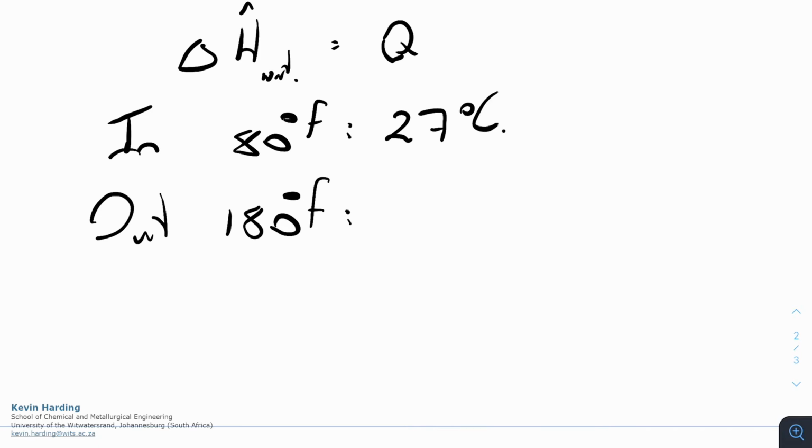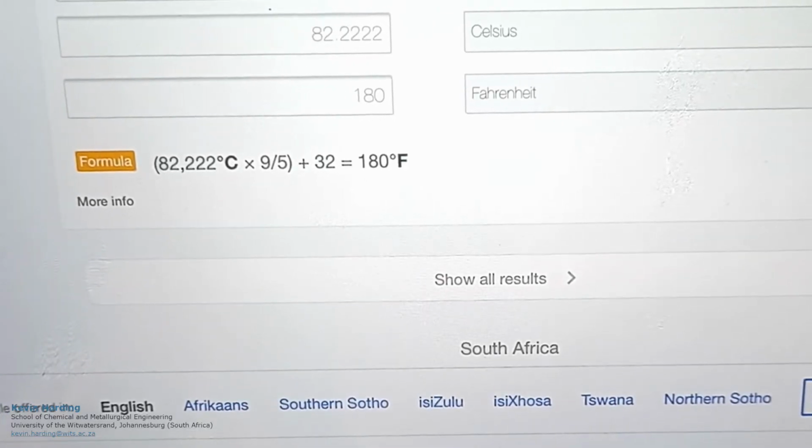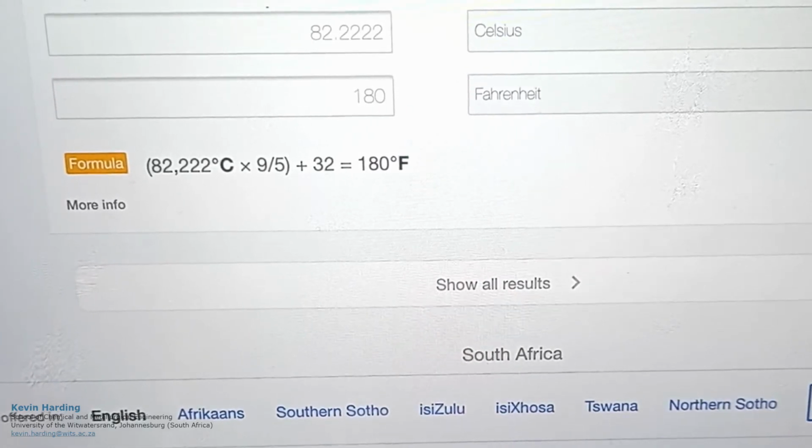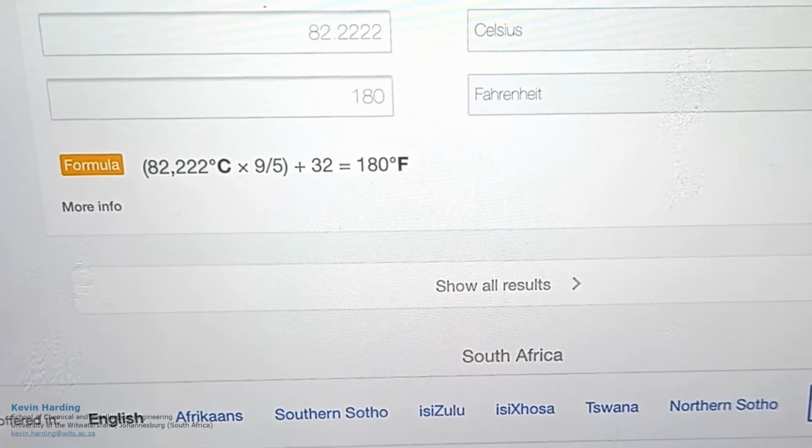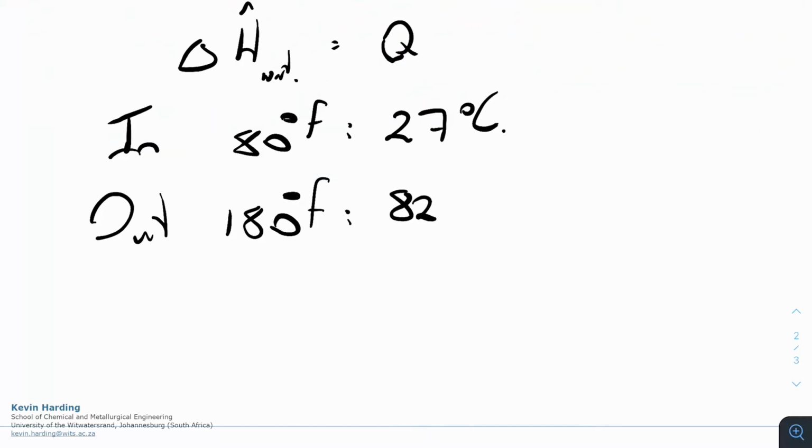If you want to be more accurate, you could go into the decimal places, but you'll see why it doesn't really make that much difference. And 180 degrees Fahrenheit is 82.2222 degrees Celsius, so we'll leave that as 82 degrees Celsius. Those are the Celsius temperatures for the inlet and the outlet of the water.